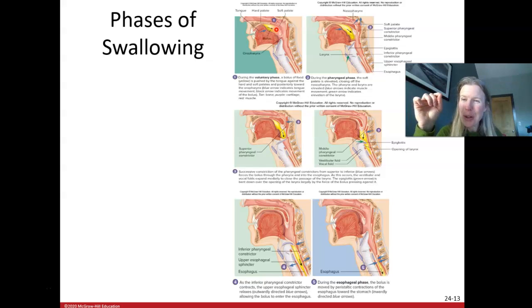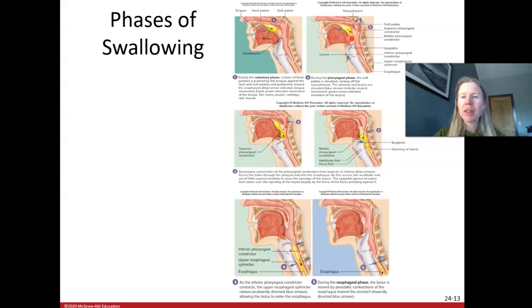The medulla, since it's in charge of respiration too, when it can tell that a bolus of food is going to be swallowed, chooses to turn off or inhibit the respiratory centers that would be driving breathing. So it's actually a really neat coordinated process.